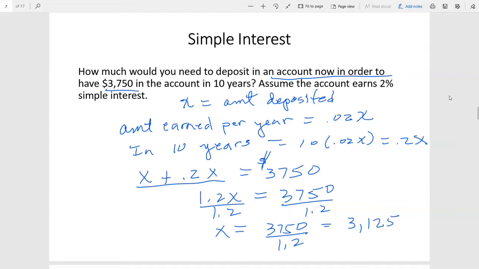That is how much he needs to deposit so that it will grow to 3,750 in 10 years.